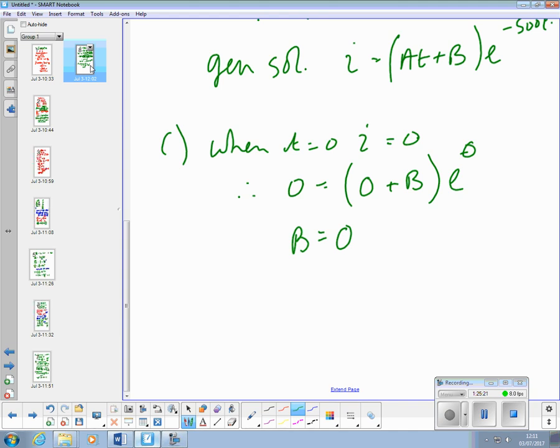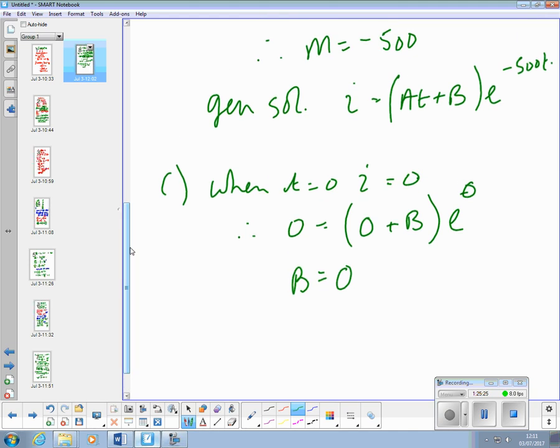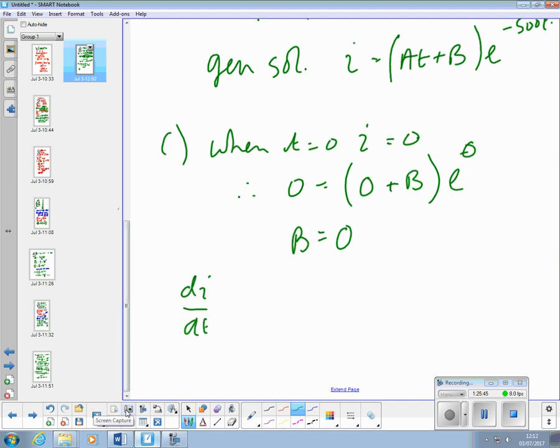Now, we've got to differentiate our general solution. So we've got to find di by dt.